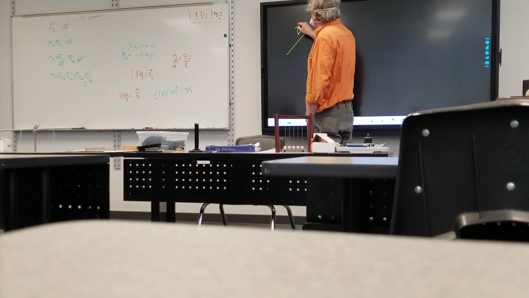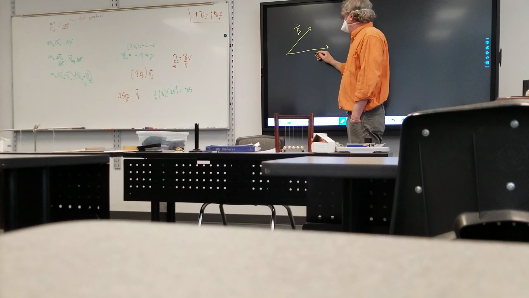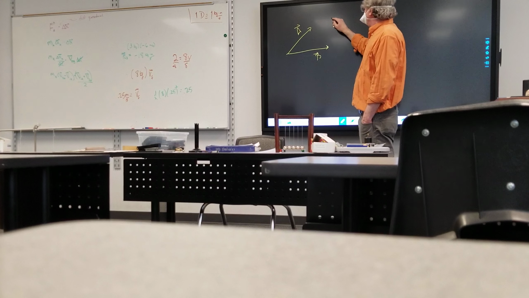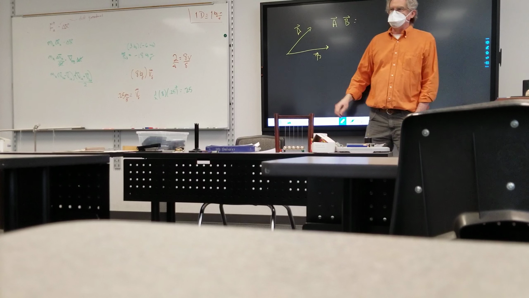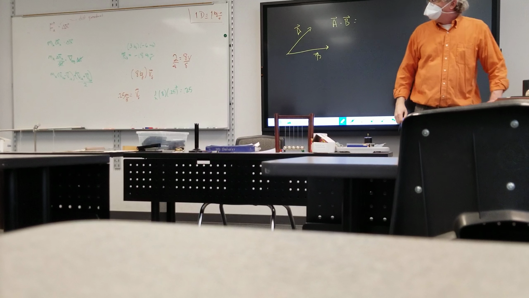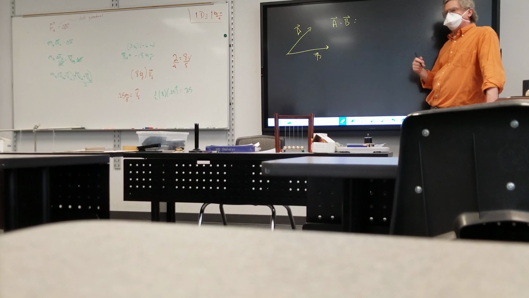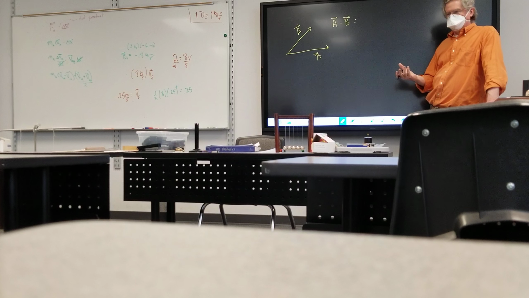I have vector A and I have vector B, and I want to multiply them using a dot product. So I put a dot in between them. I can take any vector and break it up into perpendicular components.